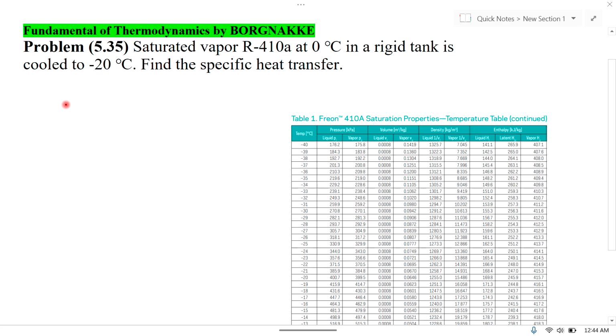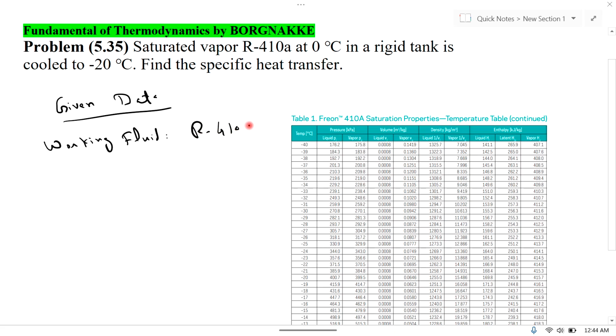It means that in the given data, the working fluid is R410A, and the working fluid is initially dry saturated vapor at 0 degrees centigrade in a rigid tank.